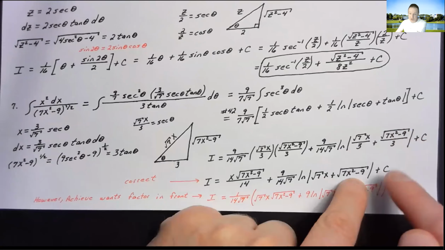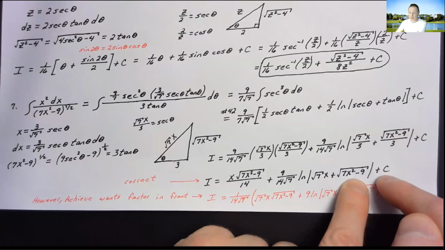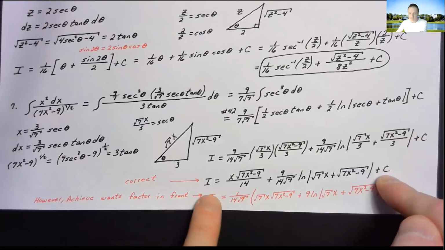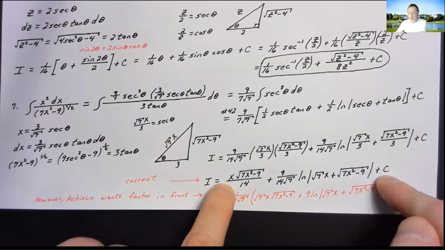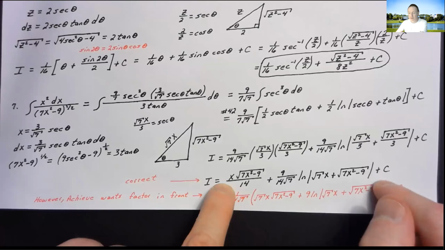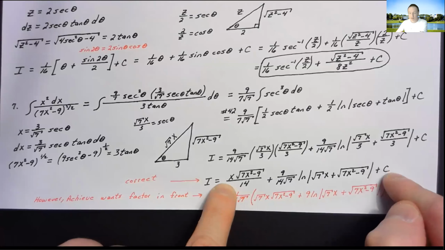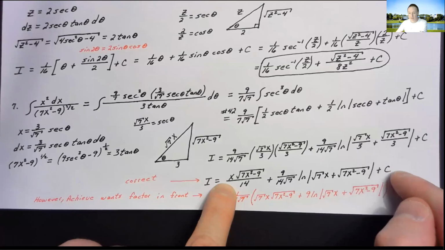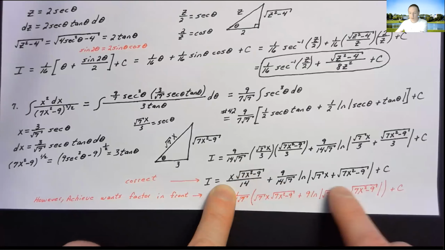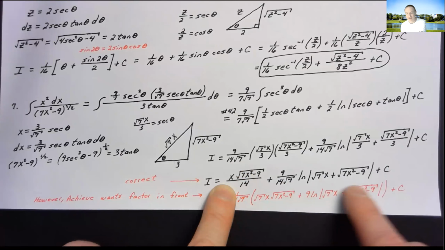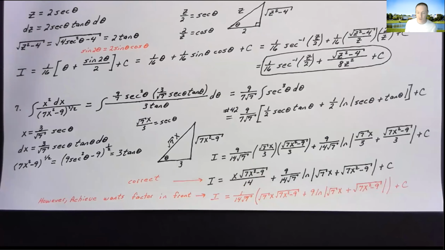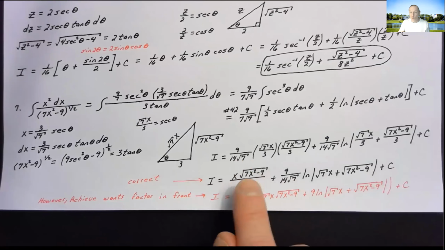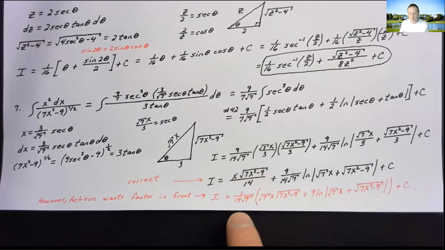Now, Achieve should, and I say should, have accepted this answer. When I tried to put this into Achieve, it did not accept it. I've contacted the administration, hopefully they will fix it so that it will accept the correct answer. But just to get you to work this for now, you'll want to leave it in a factored format.